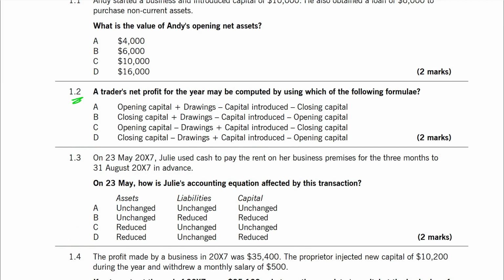So here is our question number 2, which we skipped earlier, and the right answer is option B, because we are required to calculate net profit for the year, and we have this formula: closing capital, from which we deduct new capital and add drawings for the year, and finally deduct opening capital, and that's how we calculate our net profit.